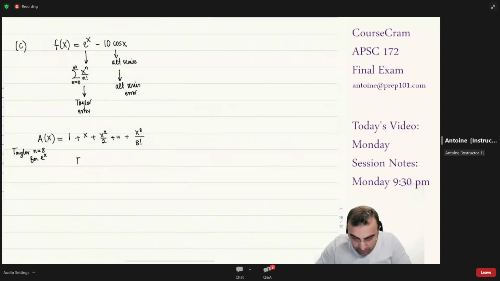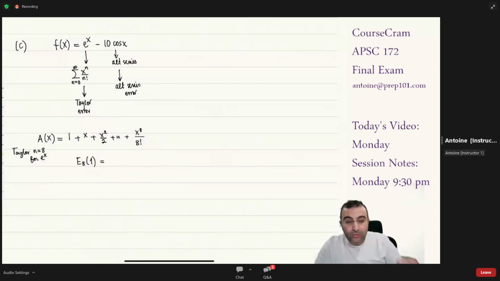So what would be E8 of 1 in this case? What would be the Taylor error if I'm focusing my energy only on e to the x? What would be the Taylor error if I'm doing the Taylor polynomial of degree 8 only on e to the x? That would be the ninth derivative of e to the x divided by 9 factorial times d to the 9.